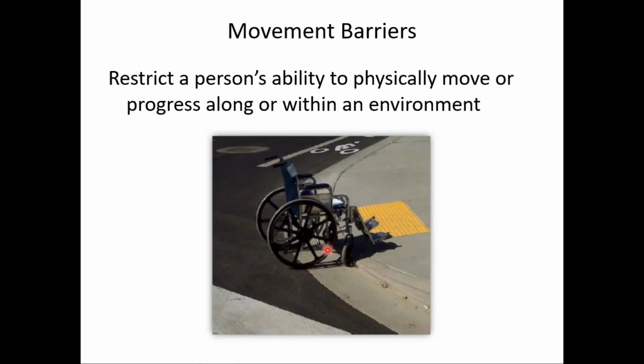But this is about a 2-inch lip, and as I said, this was staged. The wheelchair's small front wheels struck this lip, came to a stop, and had someone been in a wheelchair moving at significant speed, they might actually have been pitched or catapulted from the wheelchair onto the sidewalk. So that lip at the base of this ramp, I would call that a movement barrier.